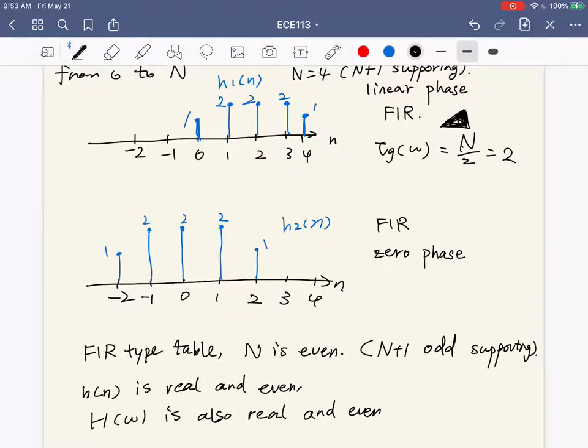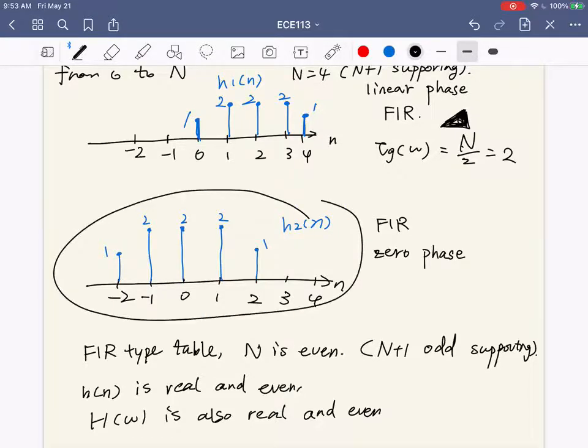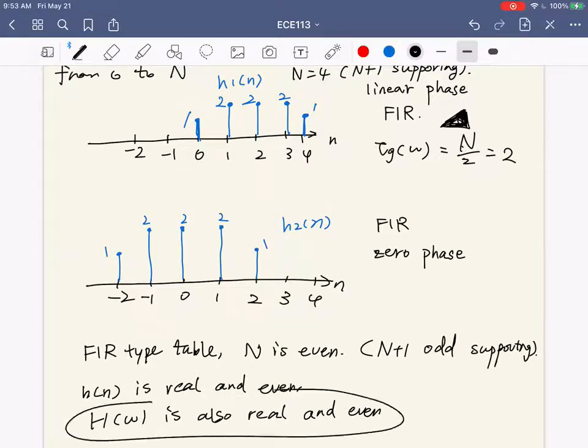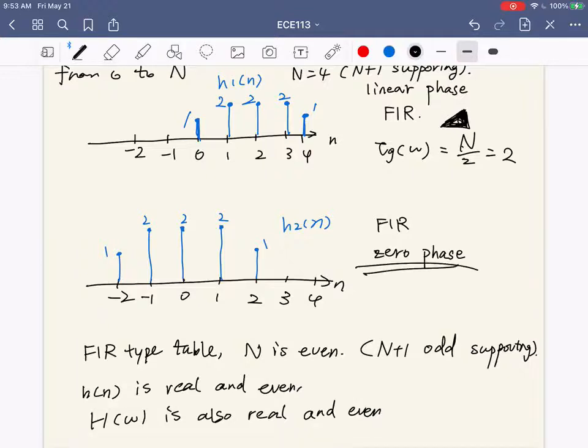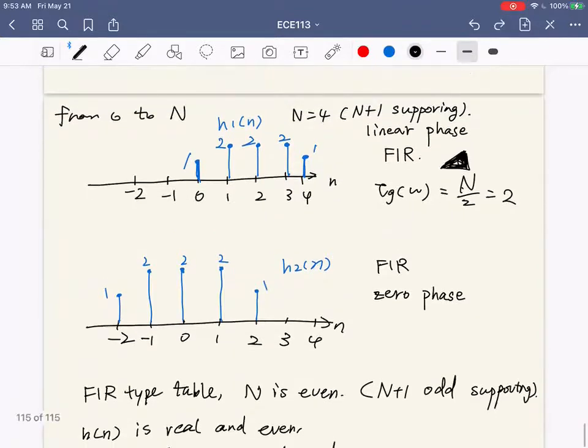So for the H of omega to be real, that means it has 0 phase. For example, the h2 of n is exactly real and even, right? So its H of omega is also real and even, and we'll see that it has 0 phase and it is consistent. But the symmetric here, we have a looser definition.